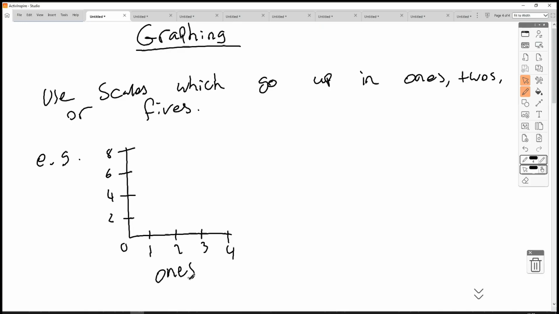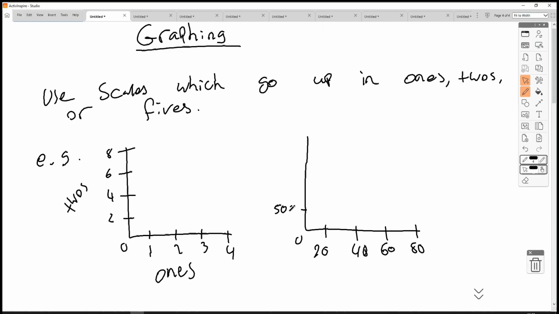The y-axis here goes up in 2s. If I do another graph, and I do 20, 40, 60, 80, and I do 500, 1,000, 1,500, 2,000, the x-axis in this case is going up in 2s, and the y-axis in this case is going up in 5s.